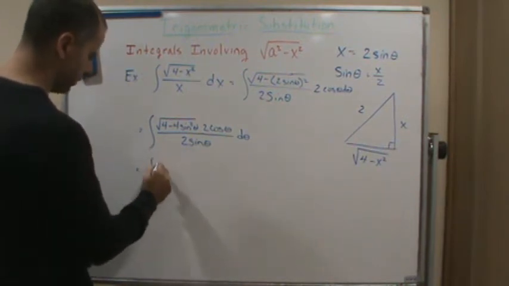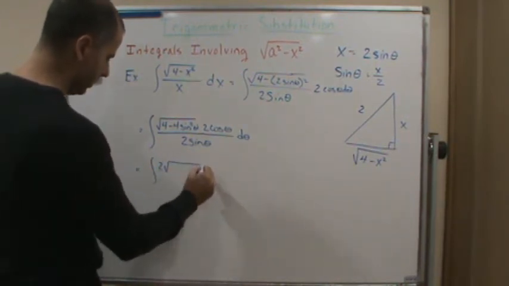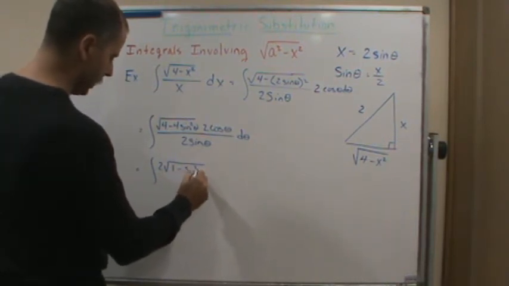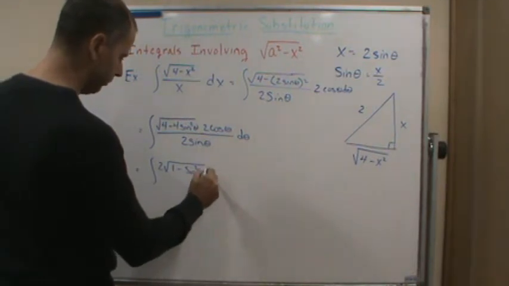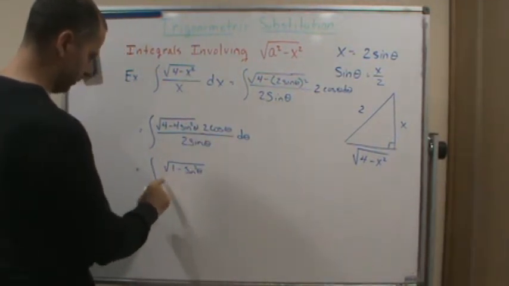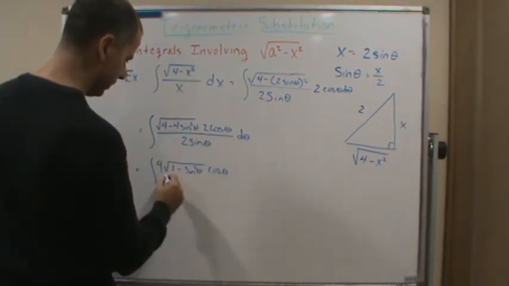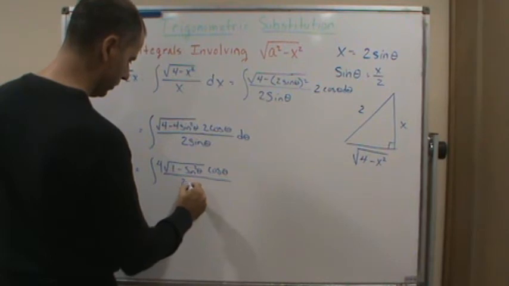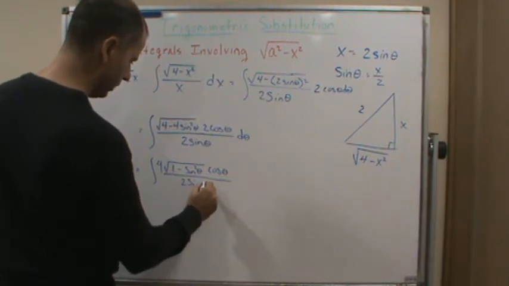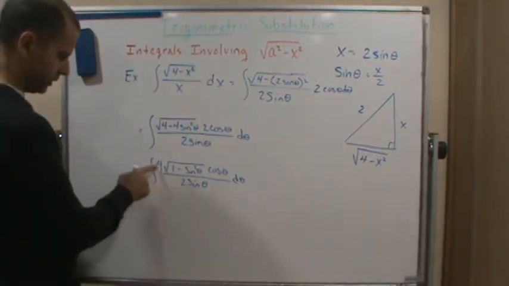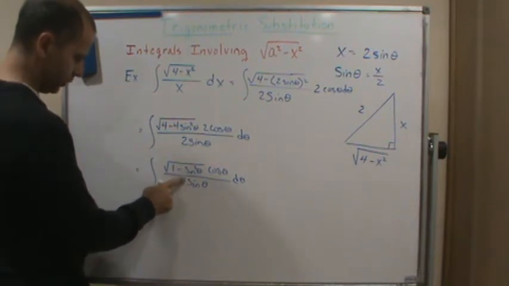Okay, so what do we get? So this is going to give us 2 times 1 minus sine squared theta times 2, so this is going to become a 4, times cosine theta over 2 sine theta d theta. So this 2 is going to cancel with this 4. So 4 divided by 2 is 2. So we're going to get 2 up here.